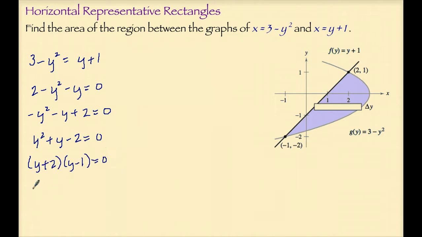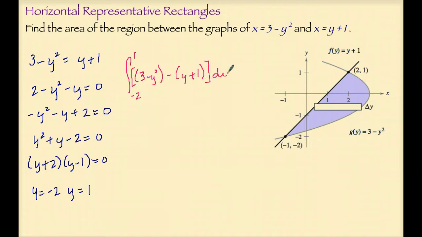This means the y values of my points of intersection are -2 and 1. Therefore, we'll set up our integrand accordingly. From -2 to 1, the right function, which is 3 minus y squared, minus the left function, which is y plus 1. And in this integral, we'll be integrating with respect to y.